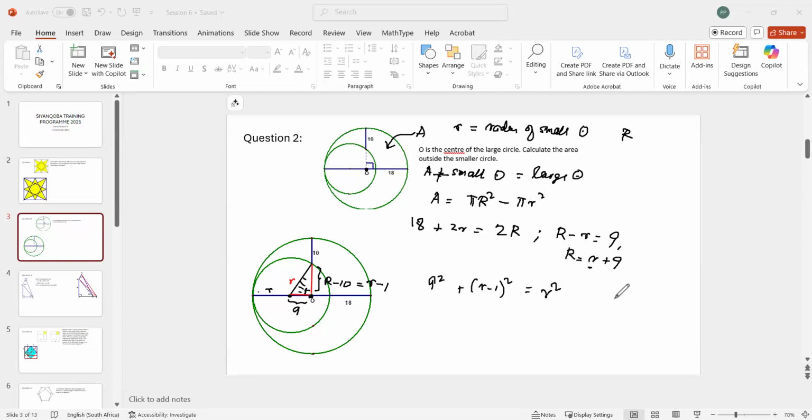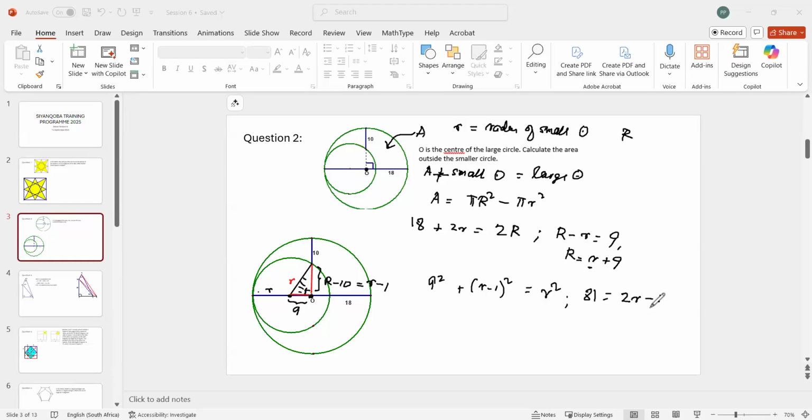Okay, and that tells you 9 squared is 81. You've got r squared minus 2r plus 1 here, and you've got an r squared on this side. The r squareds can cancel. The minus 2r plus 1 on this side comes to this side, so it becomes 2r minus 1.